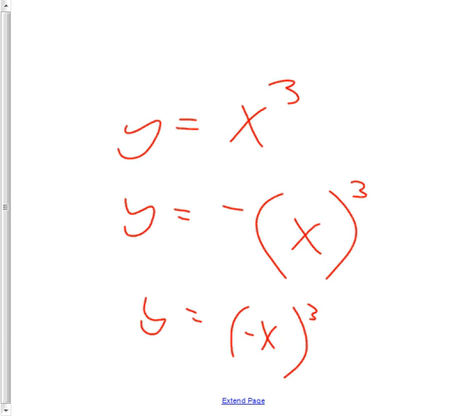And so whether or not the number is negative is going to make it the opposite of whatever its answer was going to be, whether I put the negative outside or inside. That's why you get the same exact graph for them. So like if I stick in -2 into either one of these, it's going to come out the same.